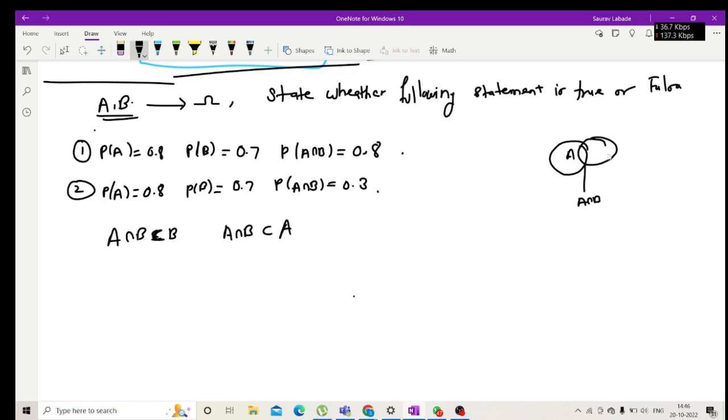That means probability of A intersection B is always less than or equal to probability of B, and also less than or equal to probability of A.